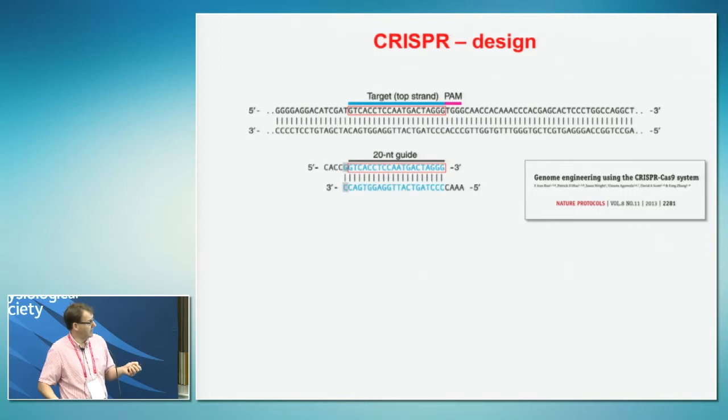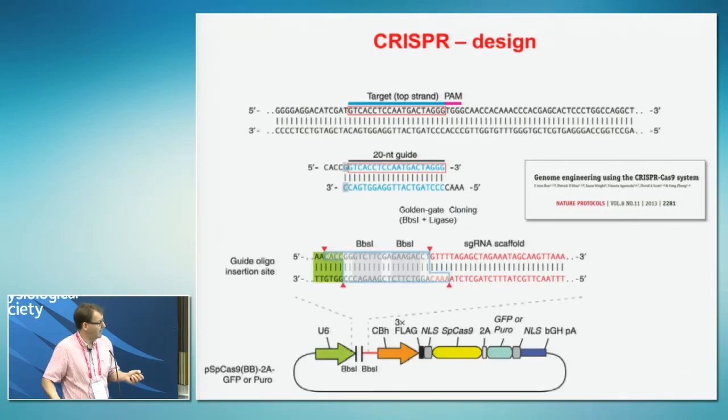We make a second oligo, which matches this base pair specific and a 4-base overhang here. This is €10 in 2 days. And then clone it into a plasmid such as this, which contains the Cas9 protein and the core part of the guide RNA sequence, a promoter for Cas9 and a promoter for the guide RNA. The Golden Gate cloning technique is possibly the easiest cloning technique you can come across.